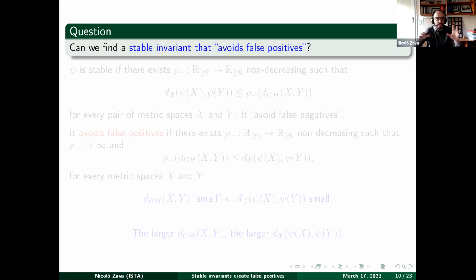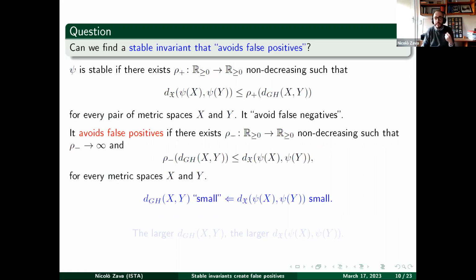This is a vague question because I haven't given you the precise definition of avoiding false positives. So taking inspiration from the stability that avoids false negatives in that weak sense that I described at the beginning, we can say that an invariant avoids false positives if the distance between the invariants is bounded from below by some function of the Gromov-Hausdorff distance between the metric spaces.